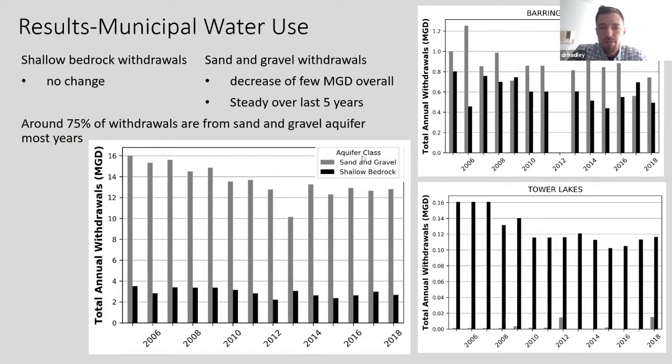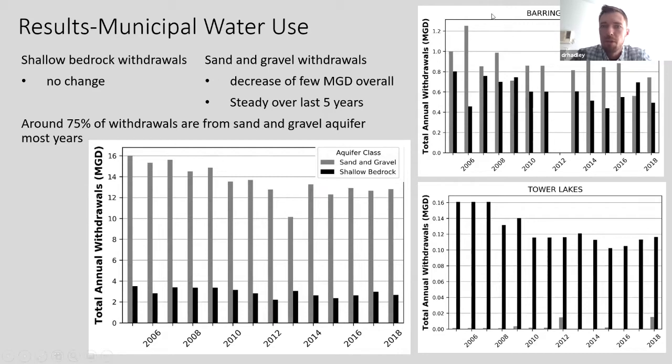And in the last 5 years, so from 2014 to 2019 roughly, there hasn't really been much change in the sand and gravel aquifer system. You could argue maybe it's going slightly down, but in general there hasn't been too much change.